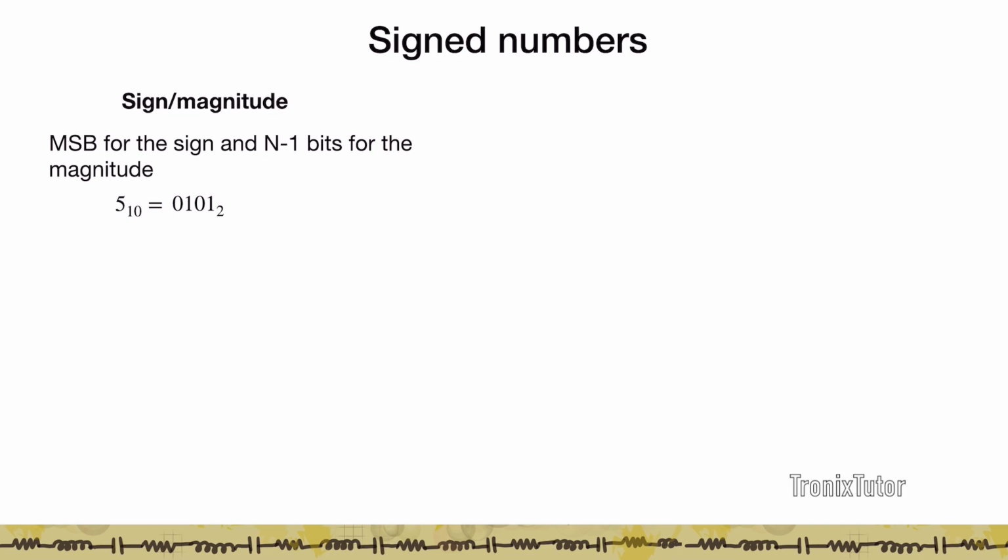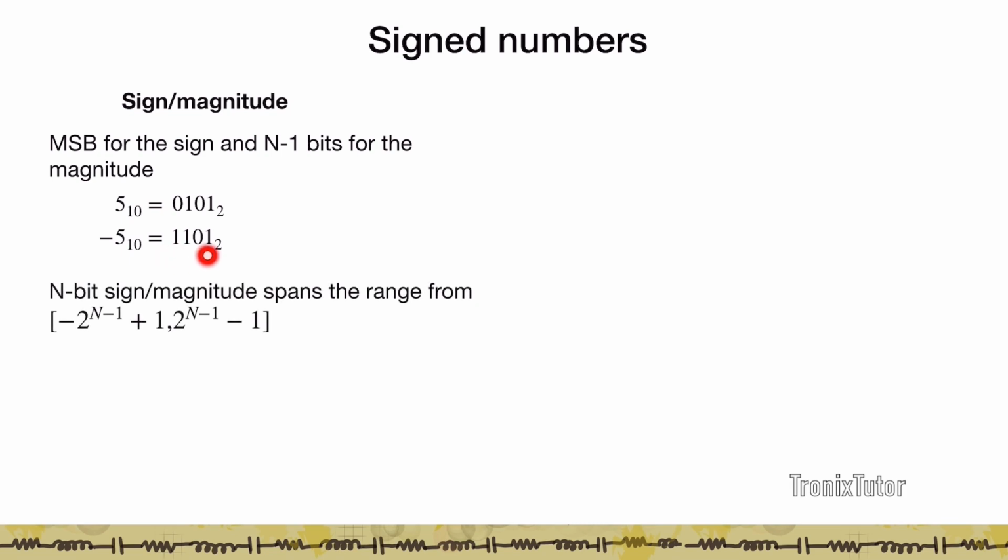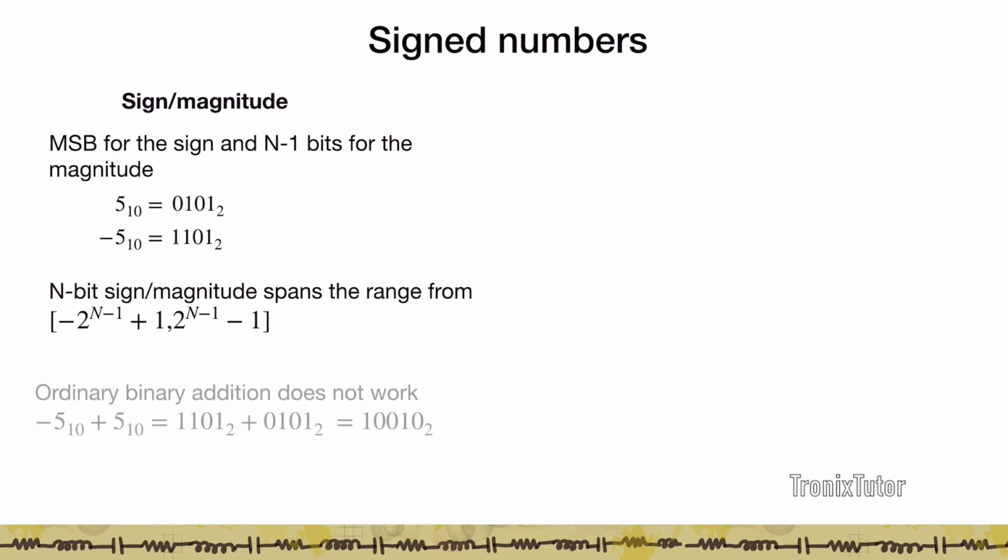So if I want to denote plus 5 to the base 10, that would be 0101, and if I want to denote negative 5, that would be 1101. The sign bit, 0 or 1, indicates whether it's a positive or a negative number, and the rest denotes the magnitude of the number. If you look at it, the n bits span the range of numbers from minus 2 power n minus 1 plus 1 to 2 power n minus 1 minus 1.